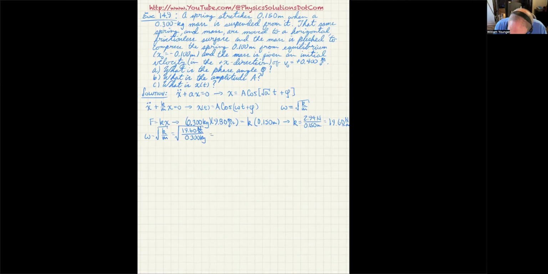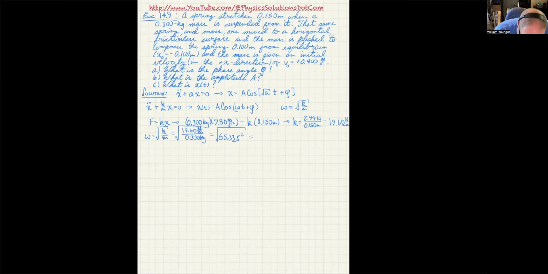And when I do that computation, I get the square root of 65.33. And notice that a newton per meter is a kilogram meter per second squared divided by a meter, which is a kilogram per second squared. And then divided by a kilogram, that just gives you a per second squared. So this is s to the negative 2 power.